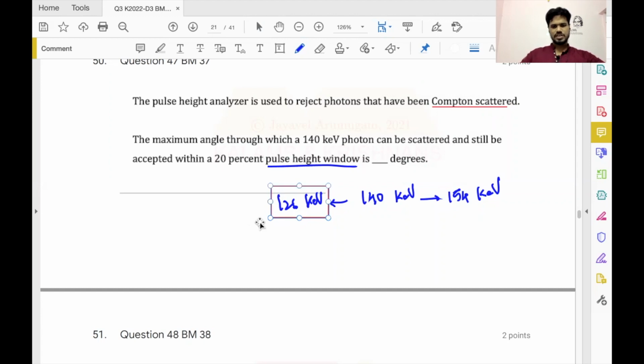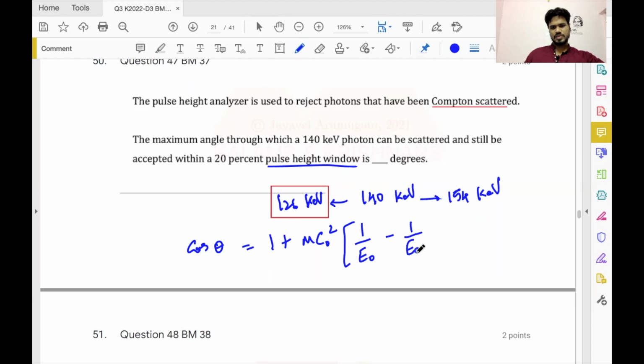The Compton scattering relation, anyone remember that? Suppose cos theta is 1 plus mc naught square into, is it 1 over E naught or E scatter? E naught is higher, so 1 over E naught minus 1 over E scatter. Yeah, E naught is higher. So this is a negative term, and this becomes slightly less than 1. Okay.